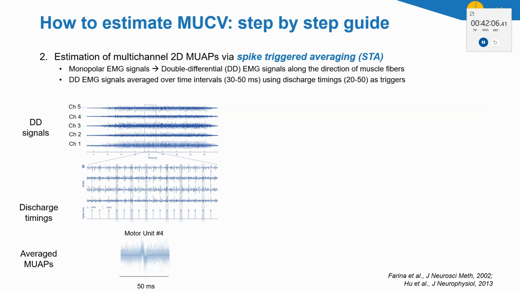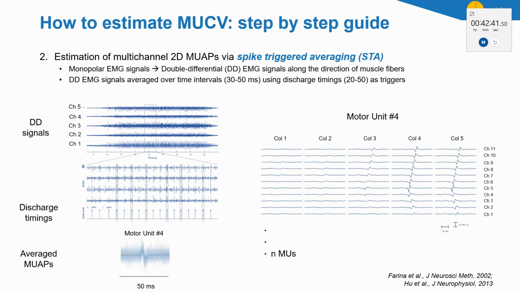The STA involves the selection of a specific time window in the double differential channels, generally between 30 and 50 milliseconds, centered on individual motor unit firings, and then averaging all the double differential signals within this window. This gives us an enhanced representation of the average motor unit action potentials, for each channel of our grids and for each motor unit.